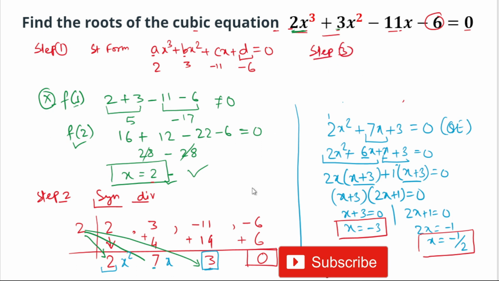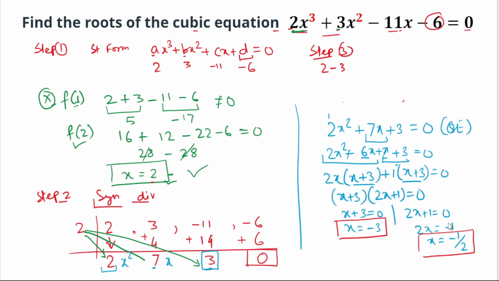So friends, in this step we'll add our answers. We have first 2, and here it is negative 3, and here it is negative 1 by 2. If this sum is equal to negative b by a, where b and a are the coefficients, then our answer will be alright. Now let us calculate here.